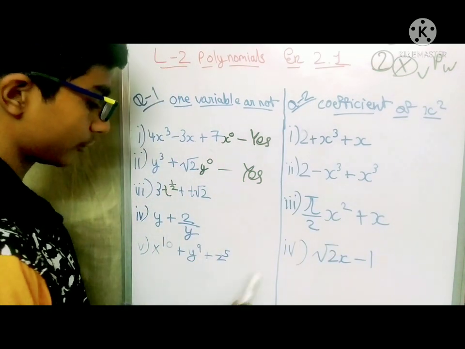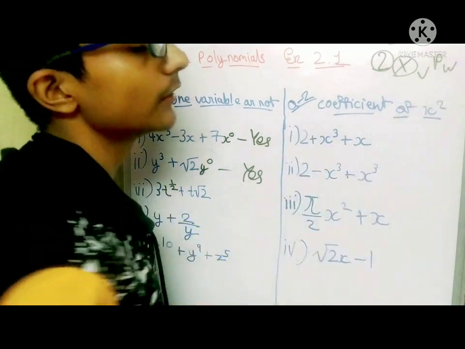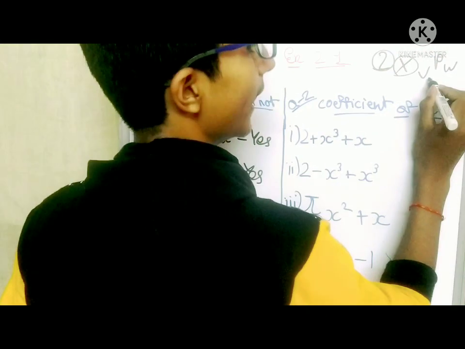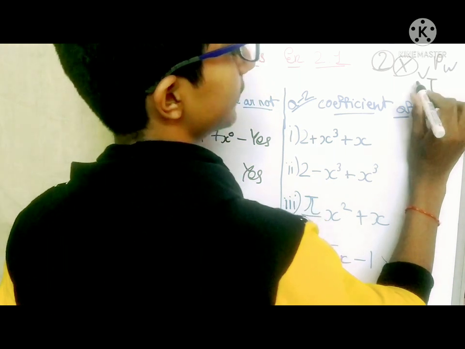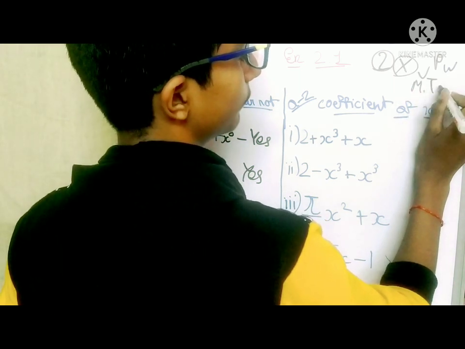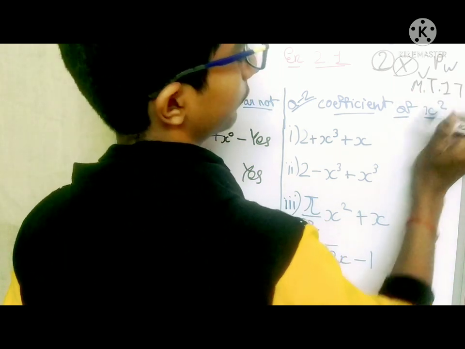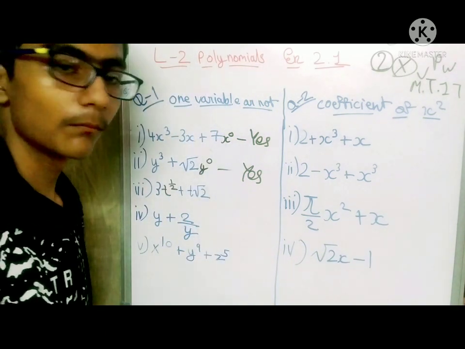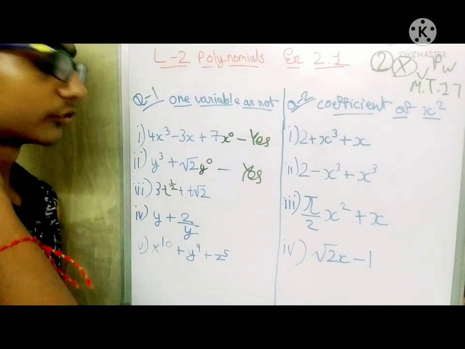A polynomial is an equation which has its power as a whole number and has more than one term.